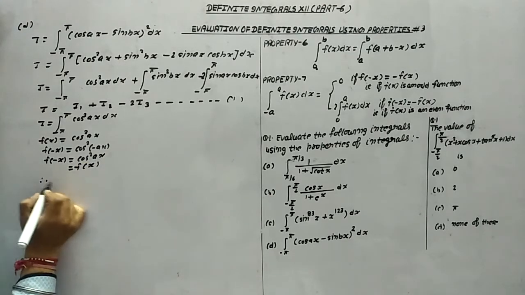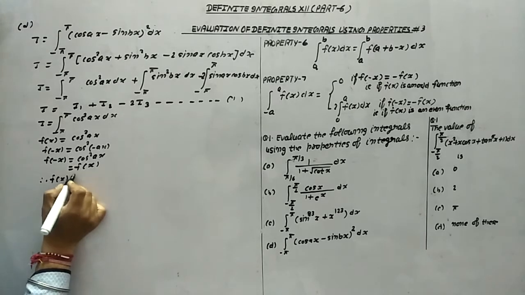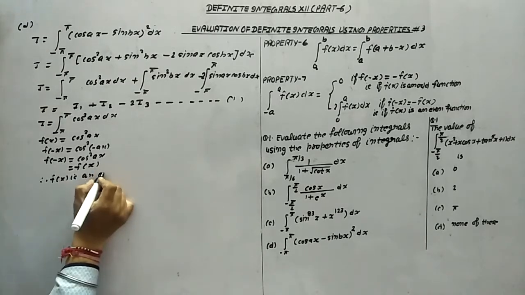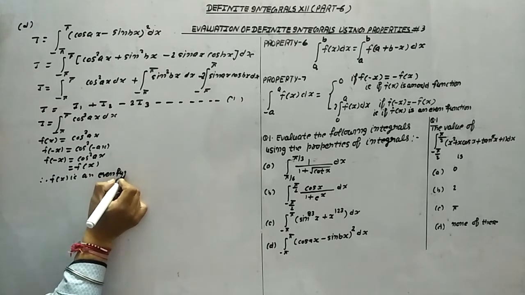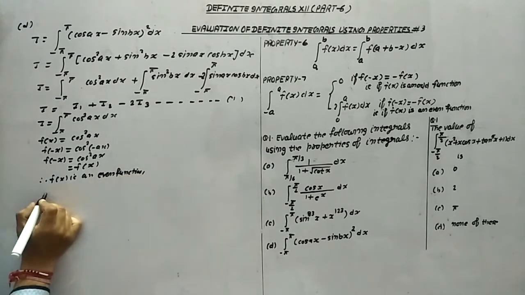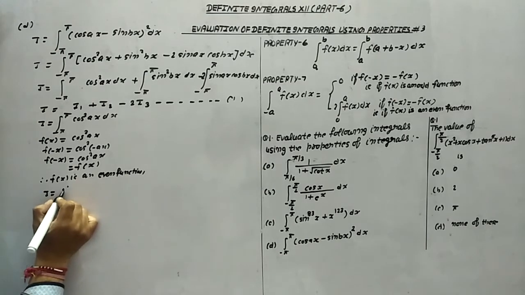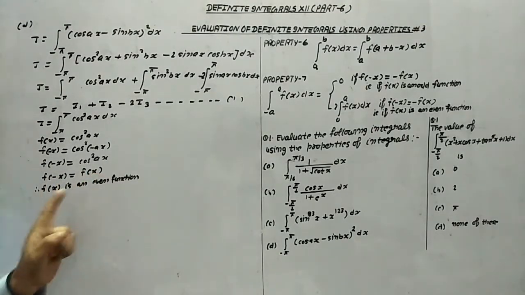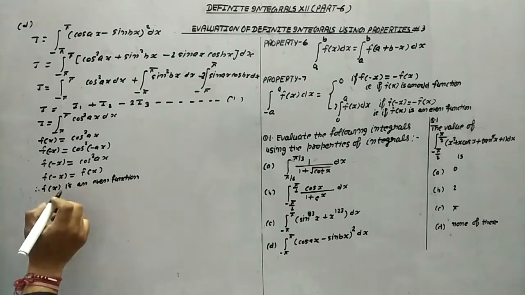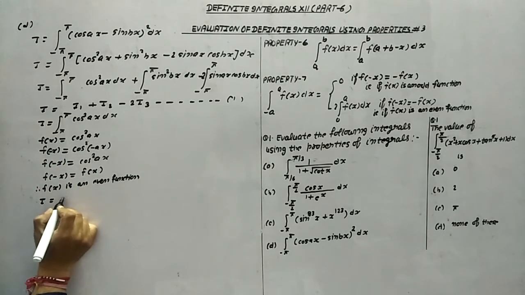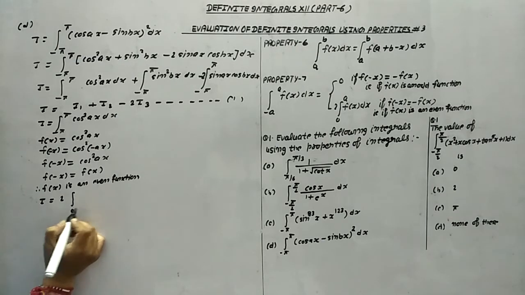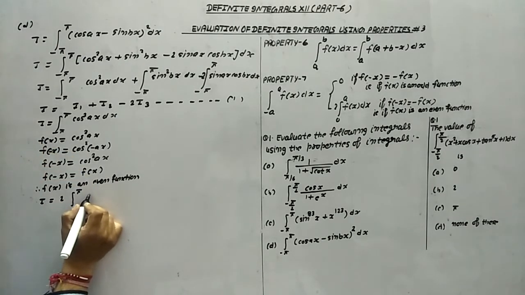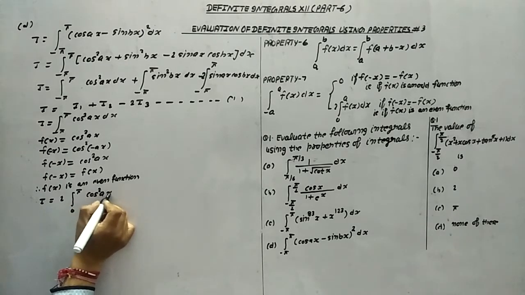Therefore f(x) is an even function, and because this is an even function, on the basis of that property we can say I1 is equal to 2 times the integral from 0 to pi of cos² ax dx.